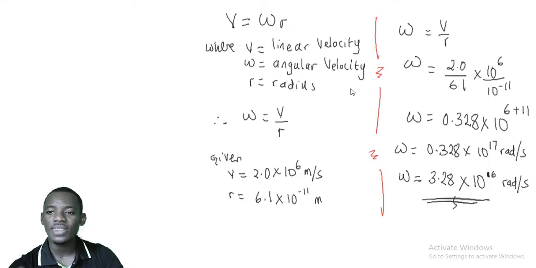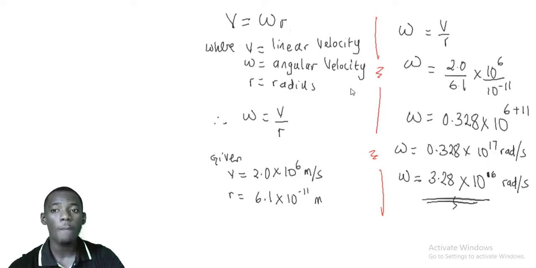So now 10 raised to the power 6 divided by 10 raised to the power minus 11. By the law of indices, division means subtraction in the power, so it will become 10 to the power 6 minus, then minus 11. The first minus is for the division, and the second minus is in the question.